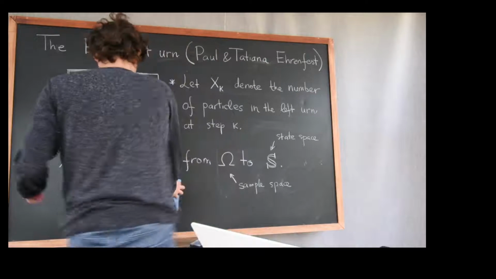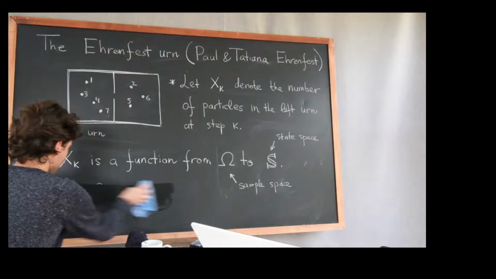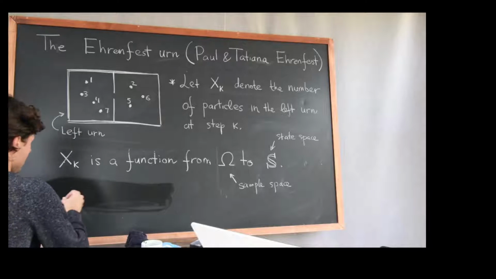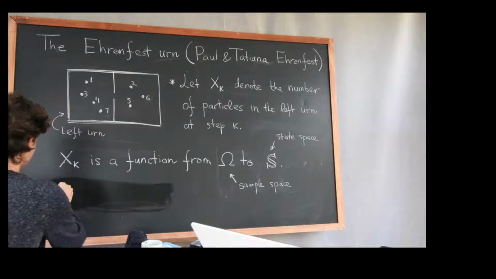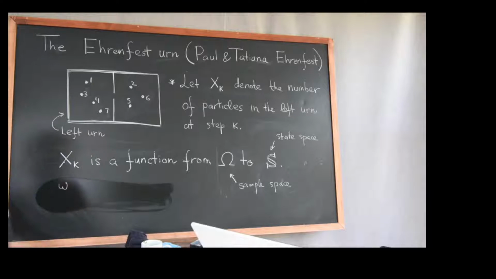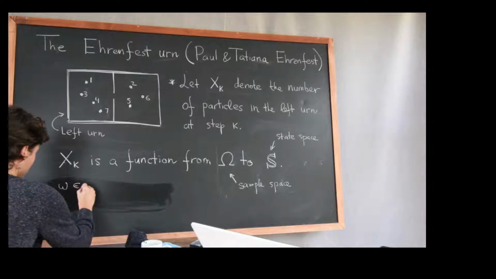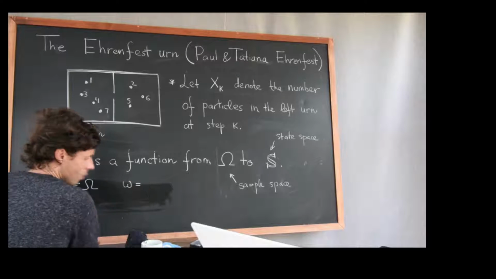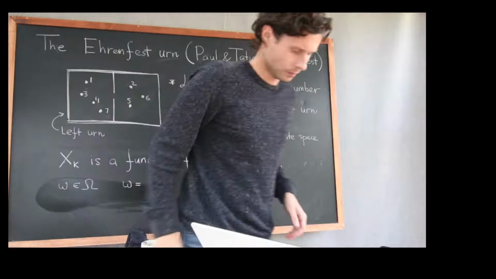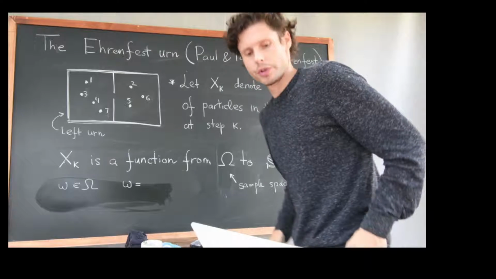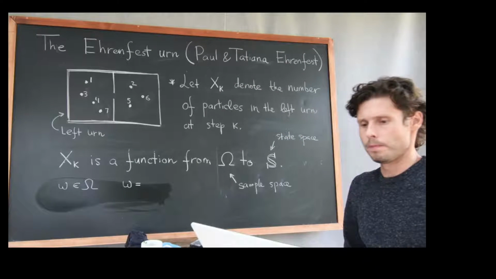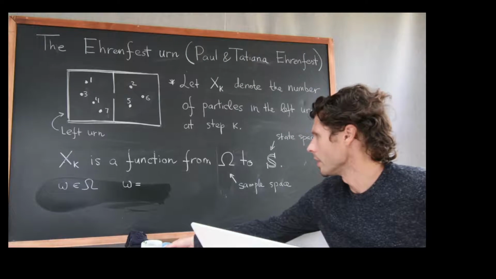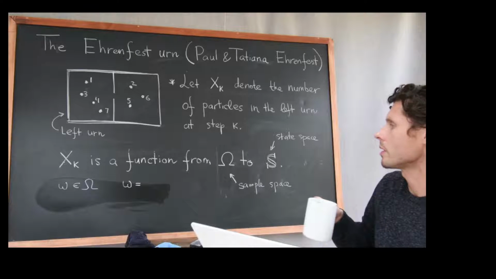So one way of doing that is to try to answer the question: given some omega, which is an outcome, what should omega be in order to give us a full description of the system? Maybe you can pause the video here and think a little bit about this on your own.